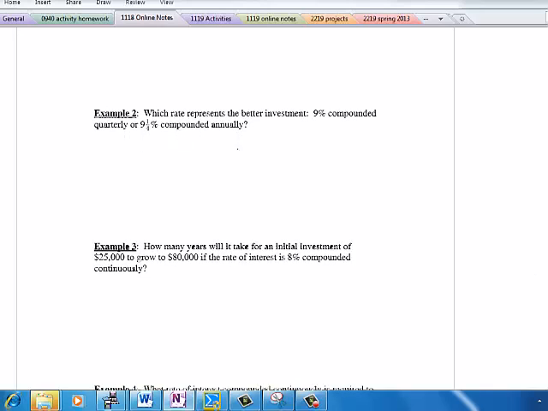Example 2: which rate represents the better investment? 9% compounded quarterly or 9.25% compounded annually? What we can ask to answer this question is, which provides a better return on $1? If it provides a better return on $1, it will provide a better return on any investment.